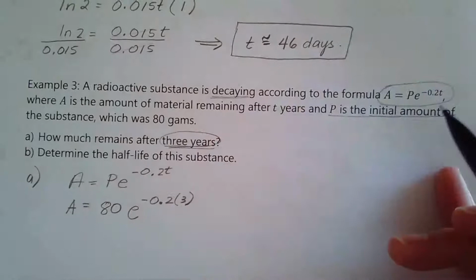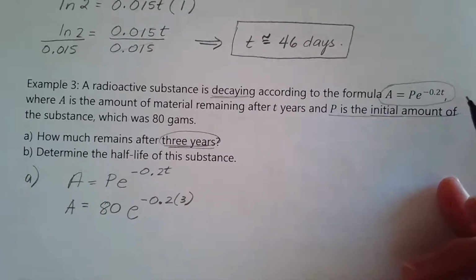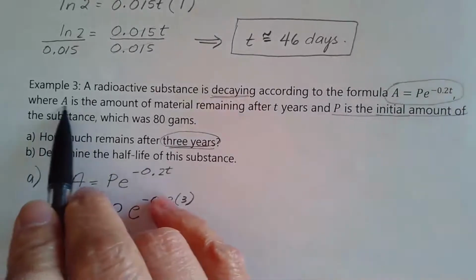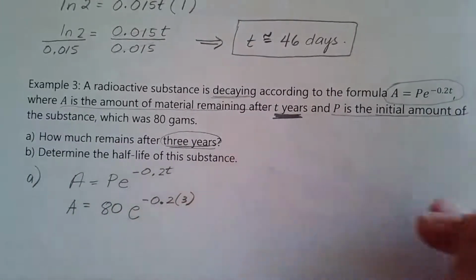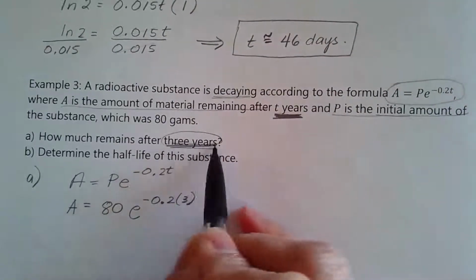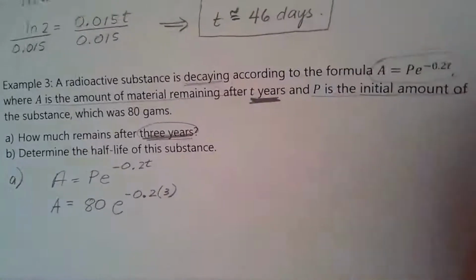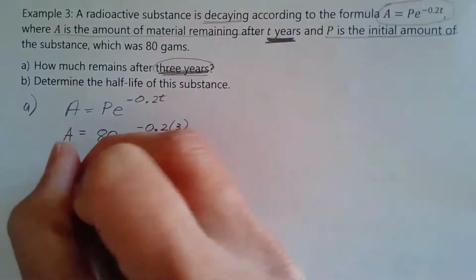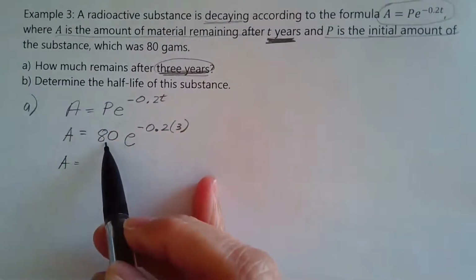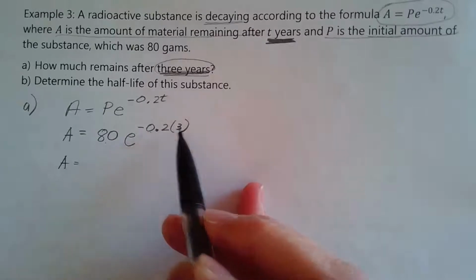So in this particular case, everything is consistent in terms of the units for time. A is the amount of material after t years, and here we're given 3 years. So everything is measured in years. Let's go ahead and figure that out. 80 times e to the negative 0.2 times 3.